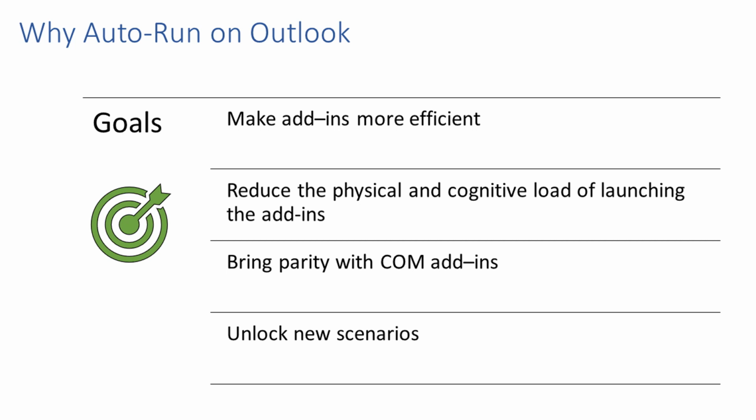We want to reduce potential complexity or discoverability of add-ins by just auto-running them. We also know that this is a gap that we have against COM add-ins, that you can actually be running code behind the scenes, and we want to unlock new scenarios that our community has been asking us. So this is why we think that this is something that we need to enable.